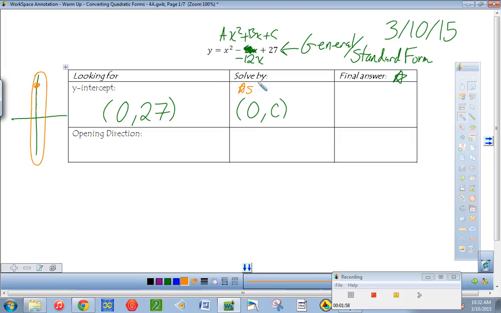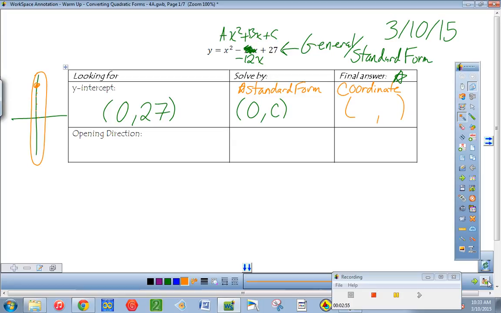This is from the standard form, keep in mind. So your final answer is a coordinate. Something, comma, something. Cool? (0, 27). Beautiful.